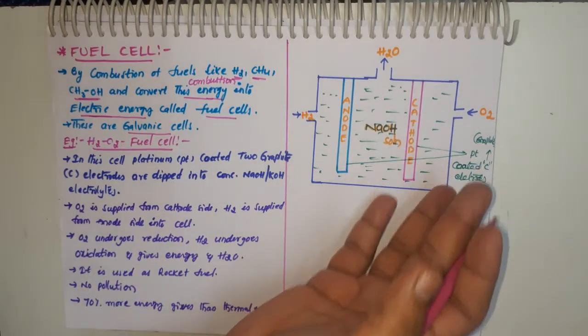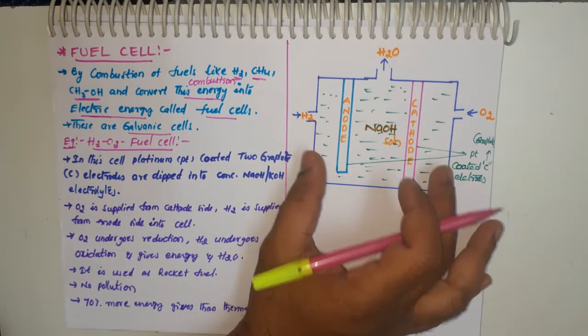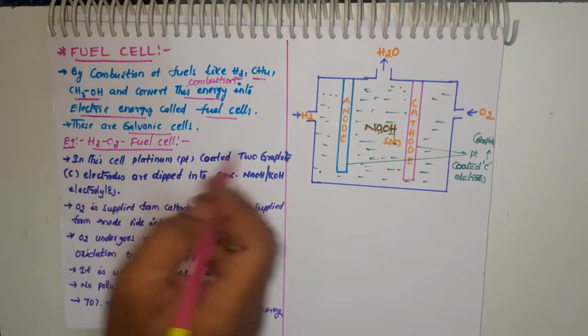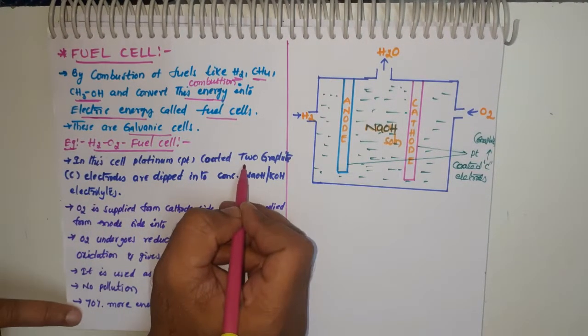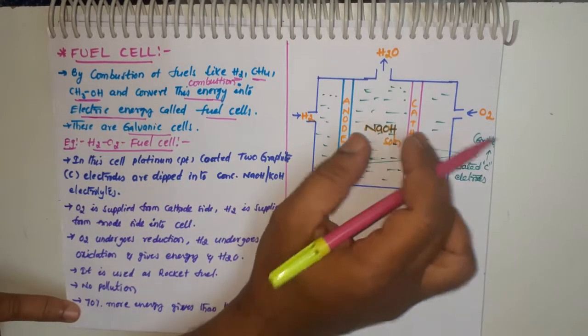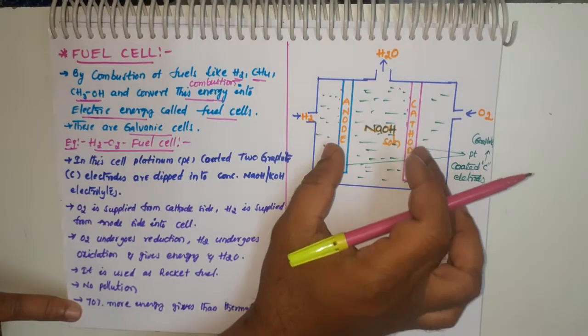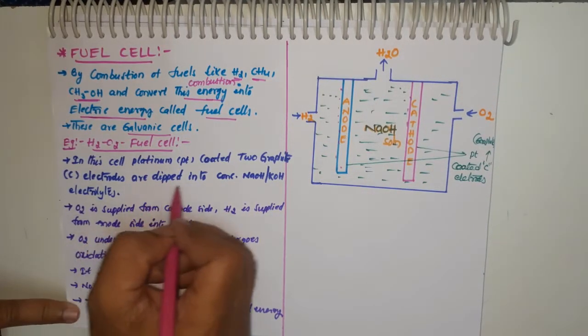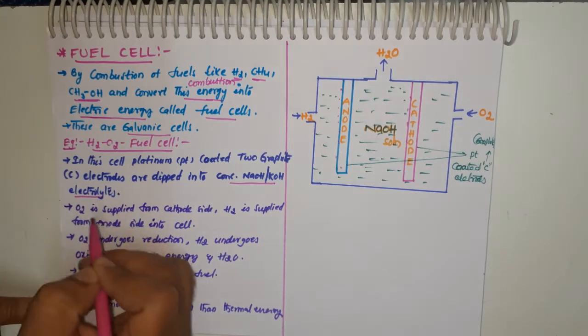Okay, what is the structure of the fuel cell? This is the structure of the fuel cell. See the points. In this cell, two platinum coated graphite electrodes are dipped into a concentrated NaOH or KOH electrolyte.